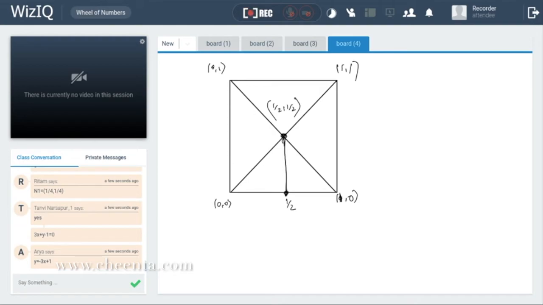Then you join these two and drop a perpendicular from this intersection point. You get 1/3. Then you join this one and drop a perpendicular from here. You get 1/4.